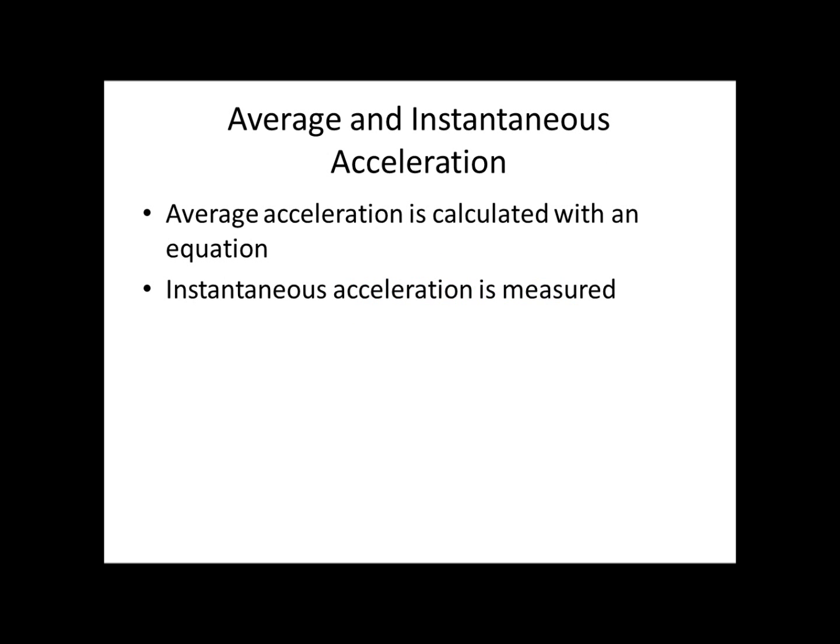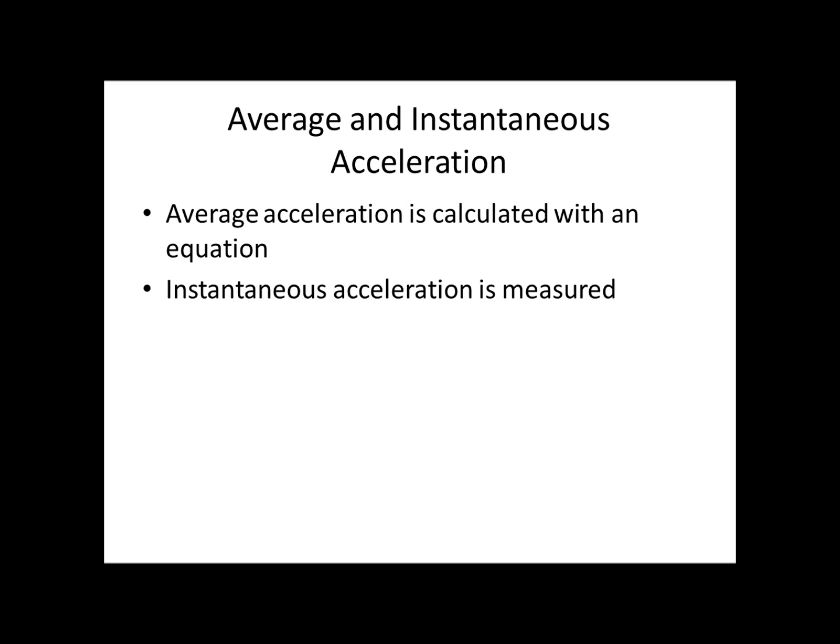Now, average and instantaneous acceleration, like average and instantaneous velocity, basically depend on how we got the information. If we use an equation to calculate the acceleration, that's average acceleration. Whenever you use that equation to find acceleration, you're finding an average acceleration.